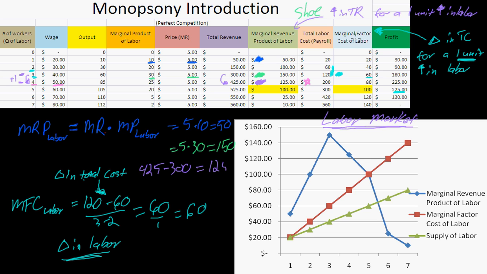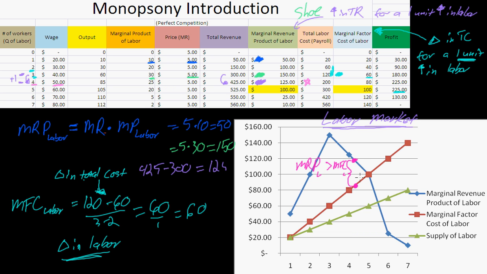And the reason that is, is that if the marginal revenue product of labor is greater than the marginal factor cost of labor, like right here, so I'll write that out, we have the marginal revenue product of labor is greater than the marginal factor cost of labor, then what that's saying is at this amount of output, this number of shoes made, our worker is making us more money than we have to pay him.